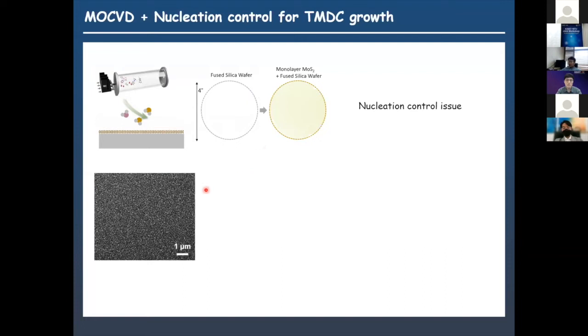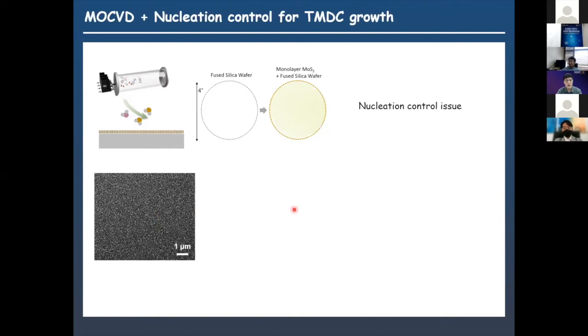However, there were nucleation control issues in MOCVD growth, since the growth environment is too reactive, so nucleation control was really difficult, which means that the grain size is extremely small. For semiconductor channel materials, the grain size should be big to minimize scattering at the grain boundaries.